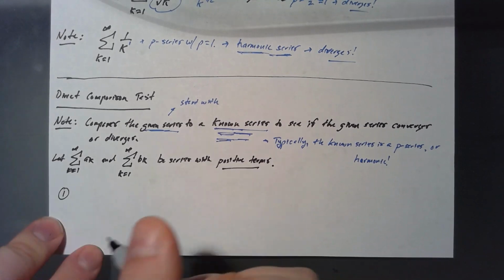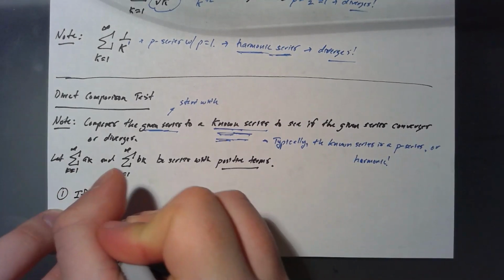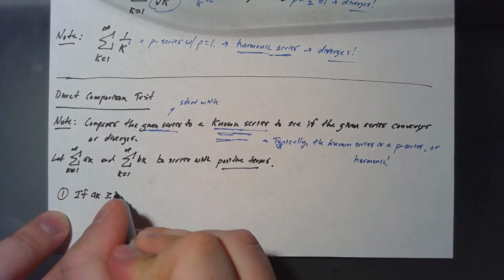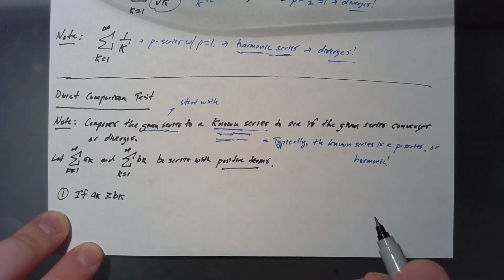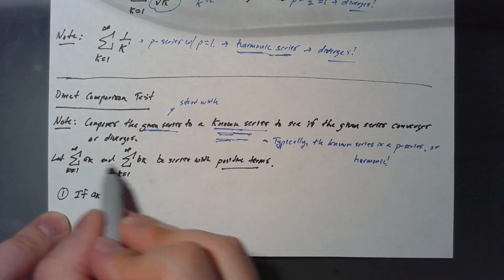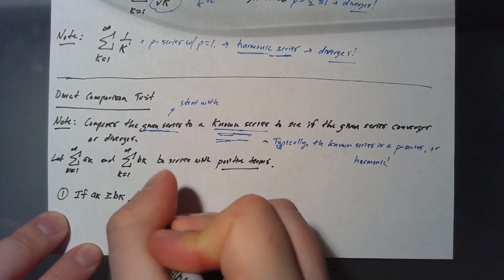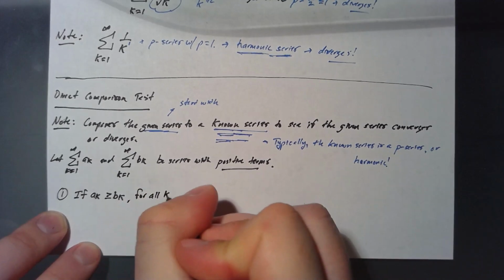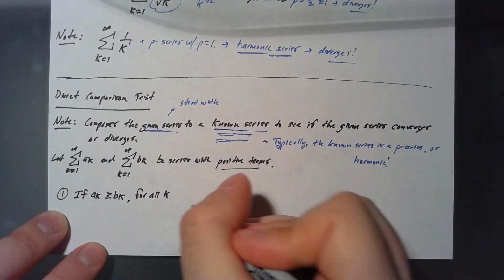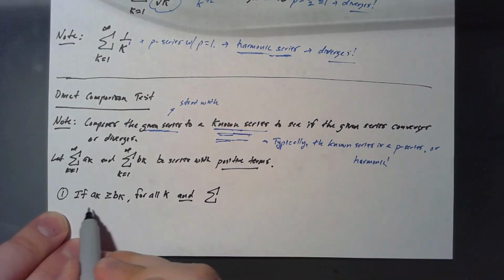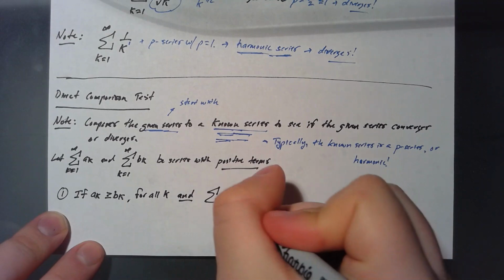The first possibility is if a of k is greater than b of k, so that means the a series is greater than the b series for all k, and I know something about the a series.